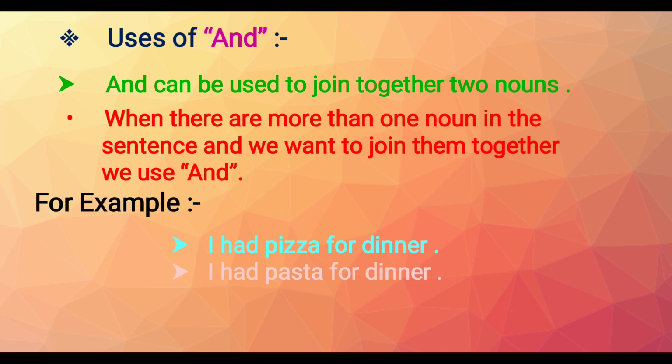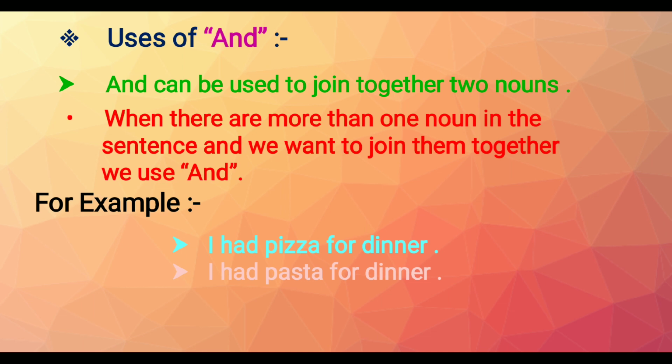First of all, find the common part of the sentences. The first sentence has I had pizza and the second sentence also has I had pasta, right? So which is the common part? I had, and for dinner is the common part of the two sentences.